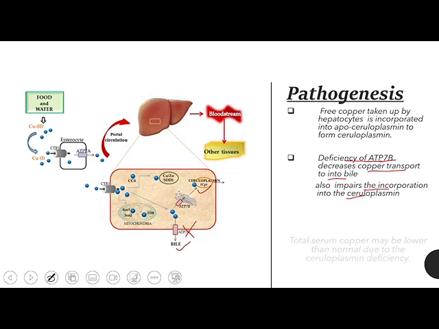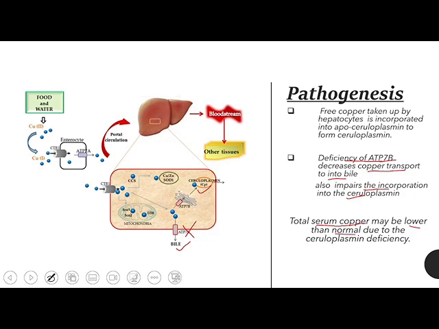And next we see that the total serum copper may be lower than normal due to the ceruloplasmin deficiency. Once the copper gets incorporated into the ceruloplasmin, it goes to the blood circulation, and its various activities will be performed later on. But there is a deficiency of the ceruloplasmin. Why?